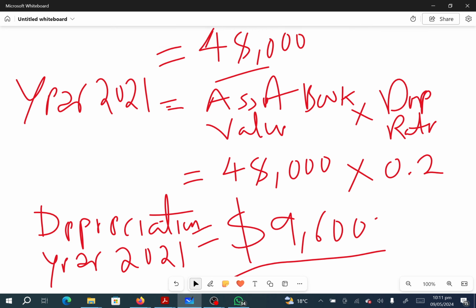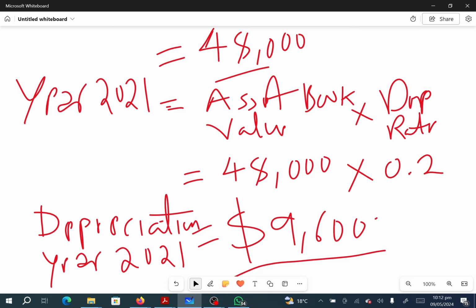So under the reducing balance method, when you are calculating your depreciation, the depreciation starts at a higher value, then begins to reduce.